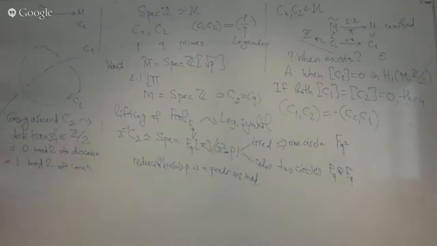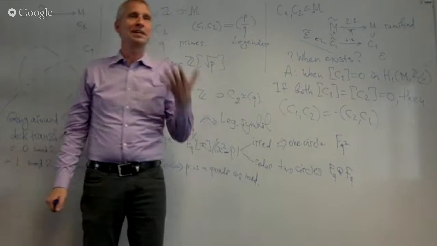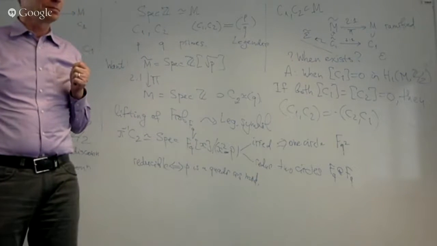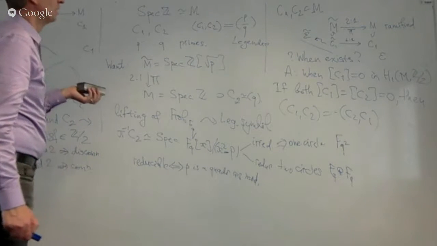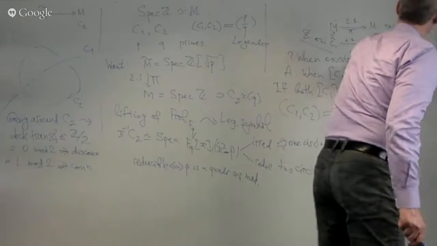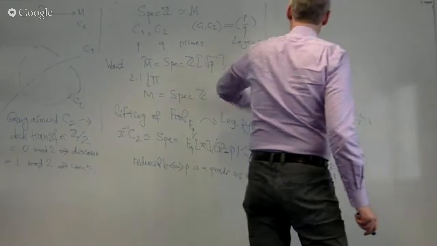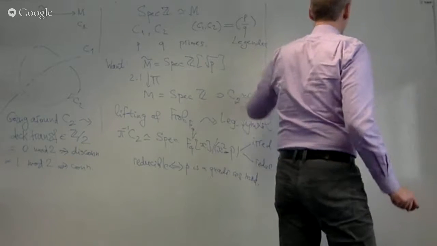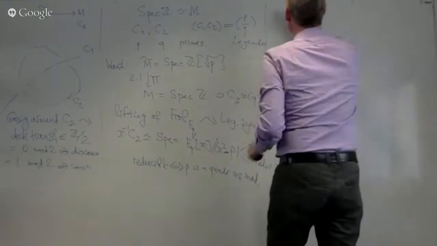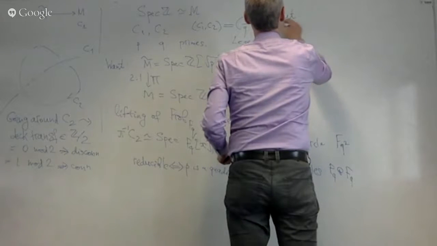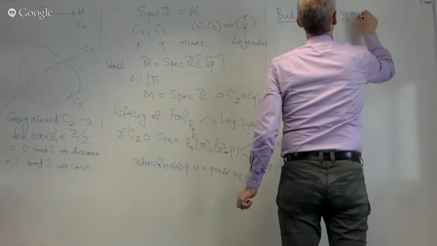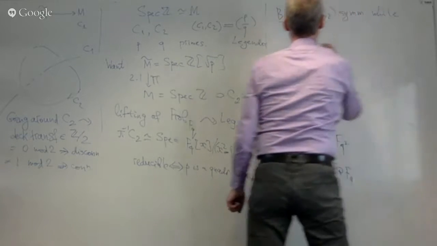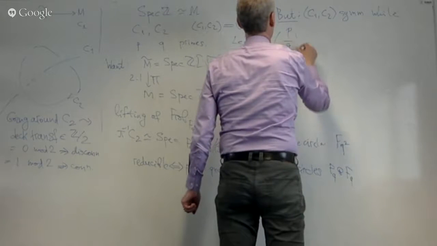However, there is a little subtlety here. The linking number is symmetric, but the Legendre symbol is not symmetric. So let's explain this situation. There is a seeming contradiction: the linking number of C1, C2 is symmetric, while the Legendre symbol is not.